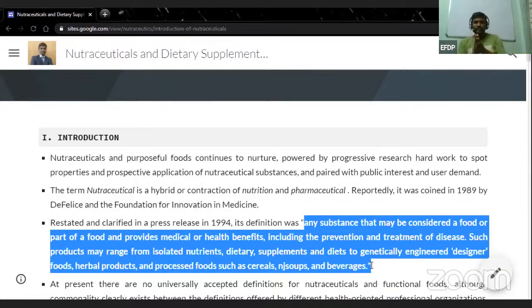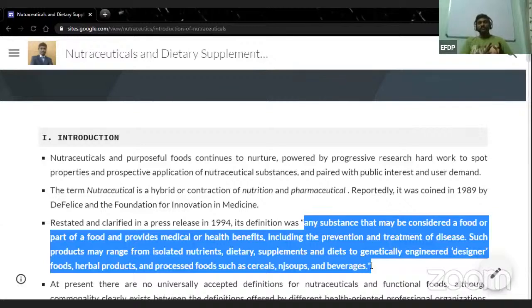Now, first we will concentrate on the definition. Definition क्या अभी तक पढ़ा हुआ हो? Any substance that may be considered a food or a part of food and provide the medical and health benefit, including prevention and treatment of a disease.